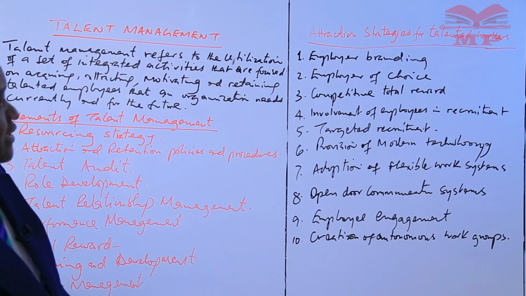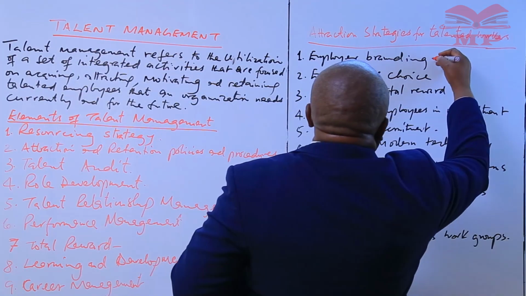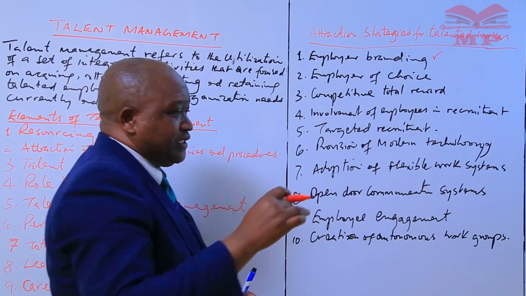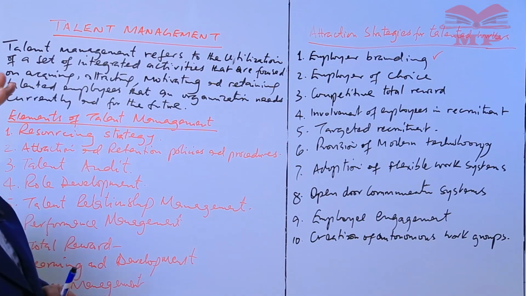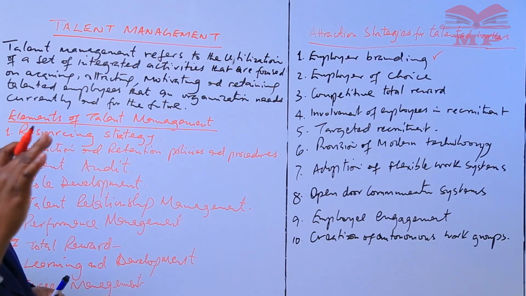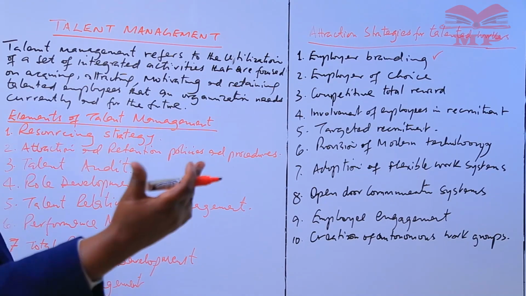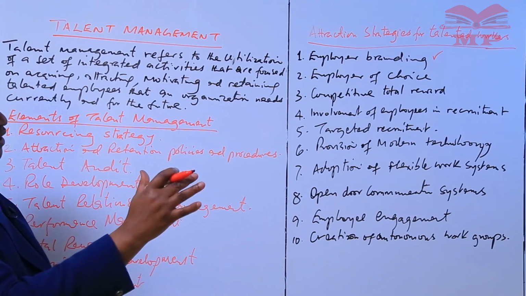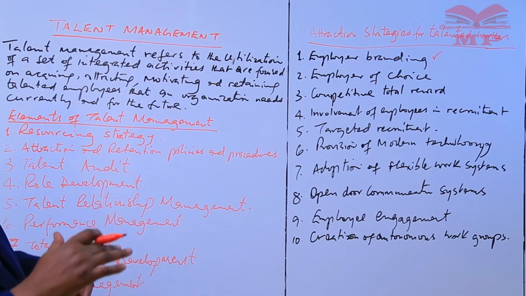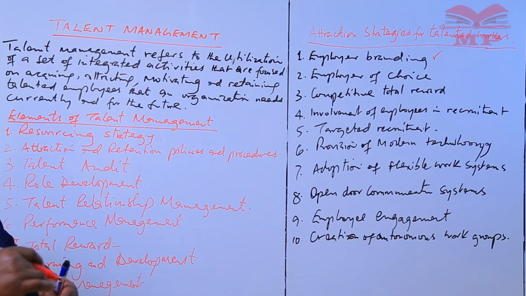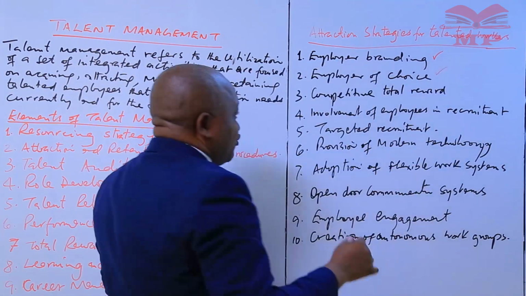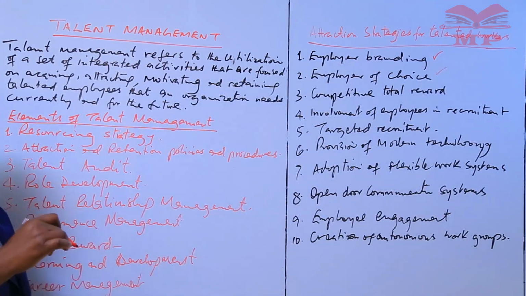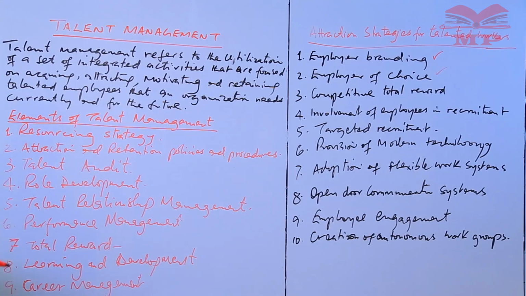Organizations can have employer branding, where an organization is branded such that it is visible and stands out as a brand. That will attract high-flying and talented workers. The employer can also position themselves as an employer of choice, so that whenever workers are looking for an employer, that employer stands out.